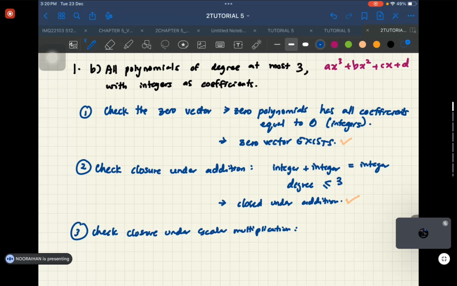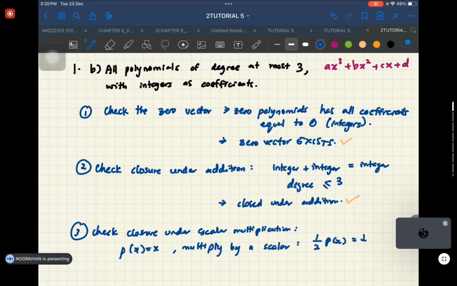Take a polynomial in the set, p(x) equal to x, and multiply by a scalar, let's say 1/2.